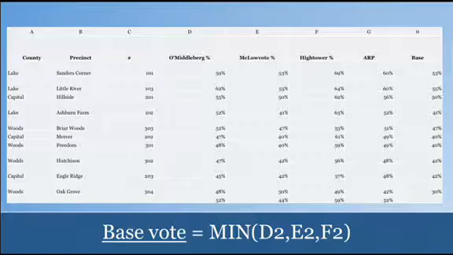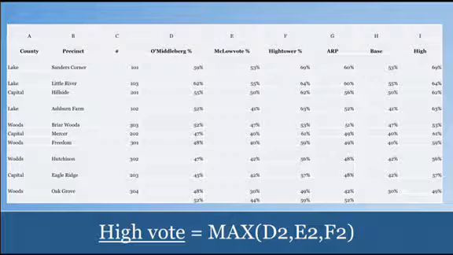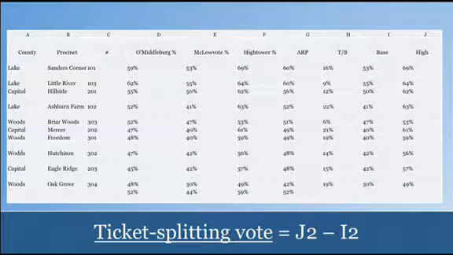An easy Excel formula to use for this is just MIN, capital M-I-N, and then the list of the columns. What this will automatically do in Excel is find the lowest of the 3 values and put it in that column. We will do the same thing for the high vote. So now we have a column where we know what the lowest possible vote was and the highest was for that district. Then finally, for ticket splitting, all we have to do is take the high vote minus the base vote percentage, and we've got our percentage.